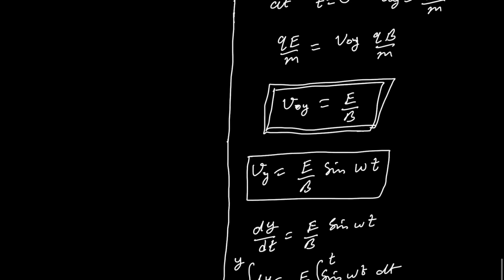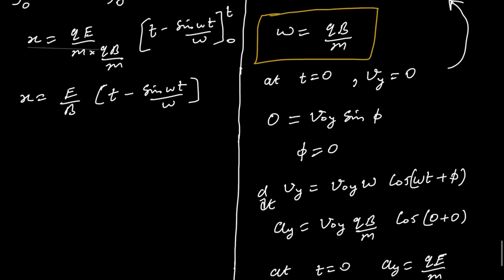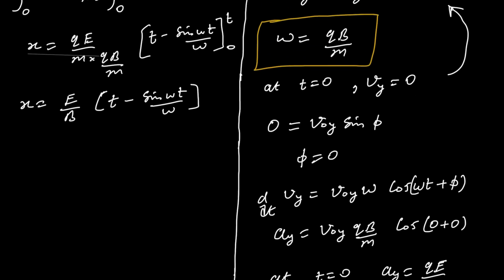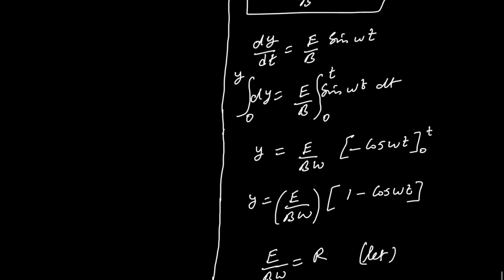Now what we have found about y also was this. Okay, so let us solve it further. If we solve it, E by B omega, then we'll get omega t minus sine omega t. And what is E by B omega? We have given the name R to E by B omega.